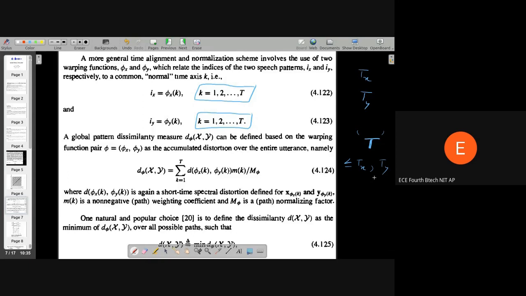So which are the frames or points we will match? Those are given by this. We will have to find a function phi x. We will have to find a function phi y such that they output what are the indices of the individual sequence we have to compare.